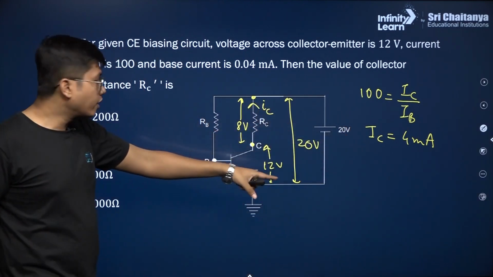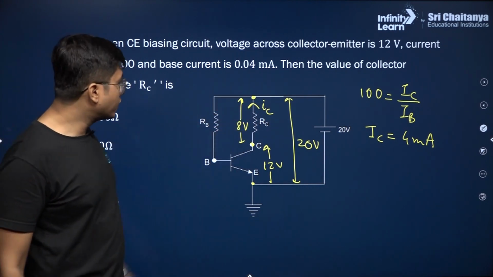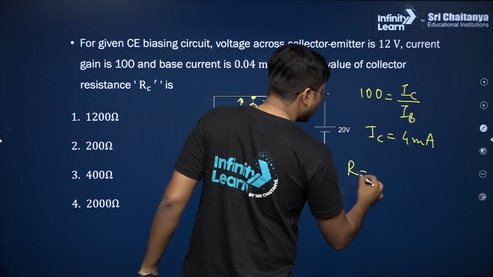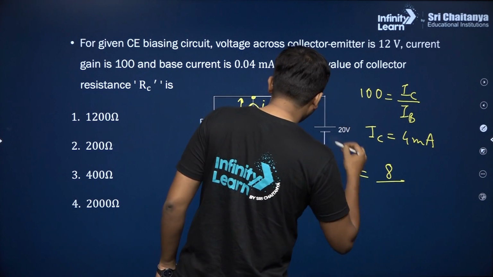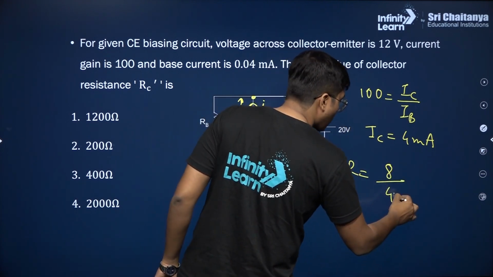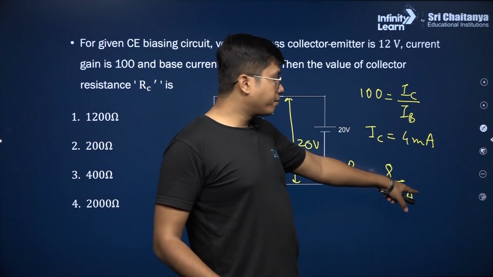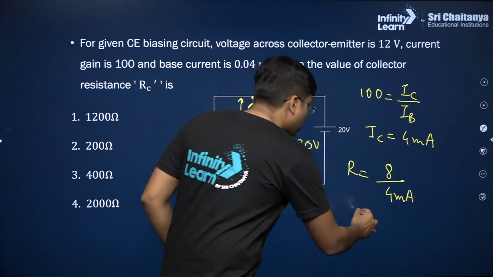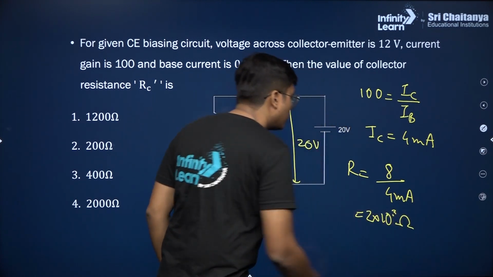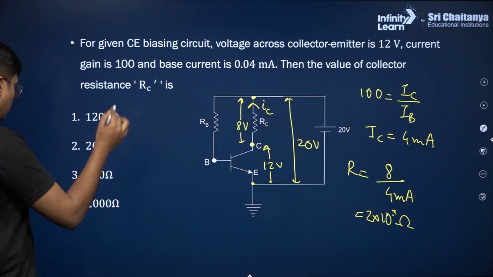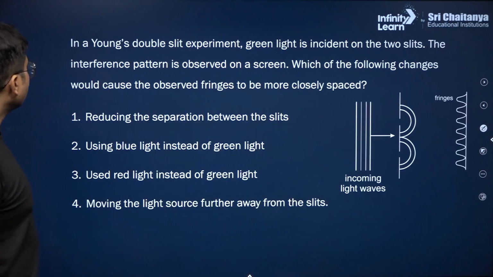So we have the voltage across it. We need to find the resistance. So R is just V by this. So V would be 8 volts divided by the collector current, which we got as 4 milliamperes. So this is 2, but this is milliamperes, so 10 to the power minus 3 goes up. So this becomes 2 into 10 to the power 3 ohms. That is 2000 ohms over here, right?